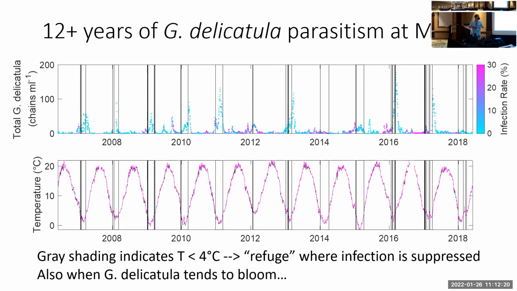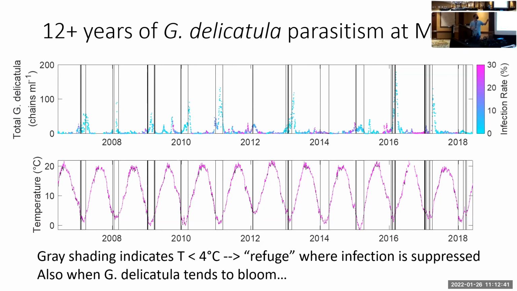But basically, where you see these regions in the winter here, that's indicating periods where the water temperature was colder than 4 degrees Celsius. This has been previously observed to provide a sort of refuge from parasitism, where parasitism in this system is suppressed.